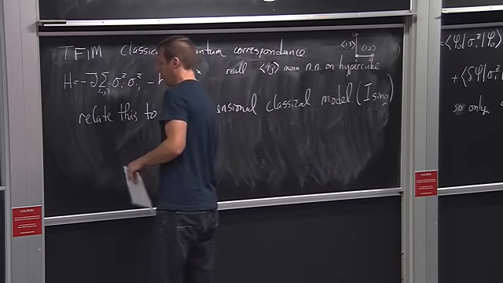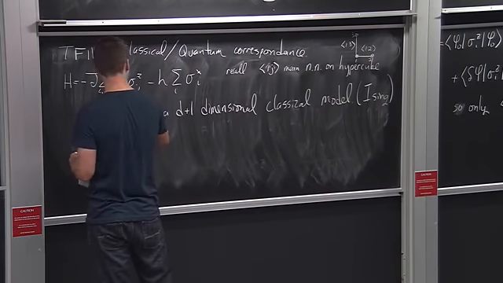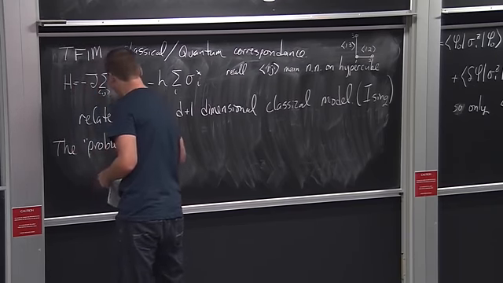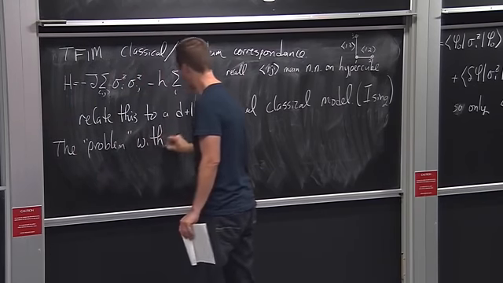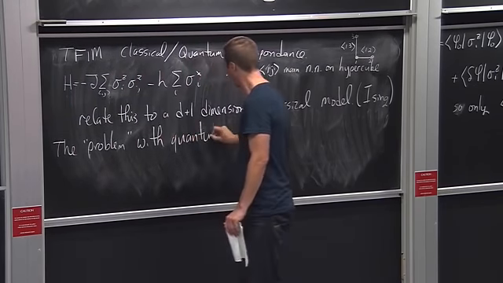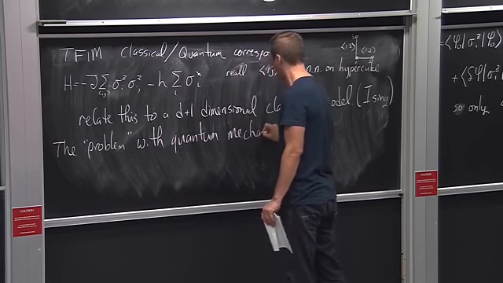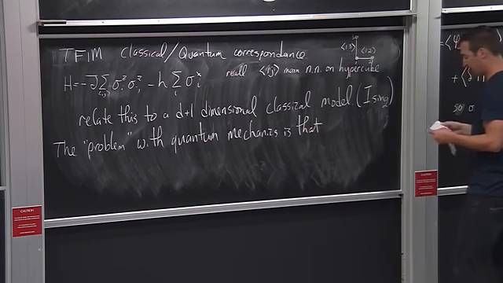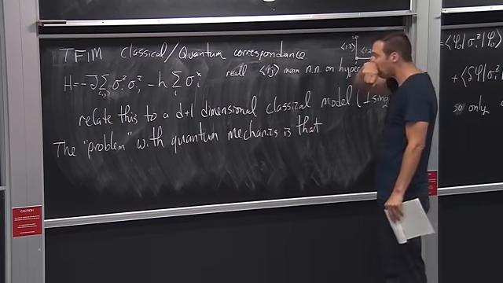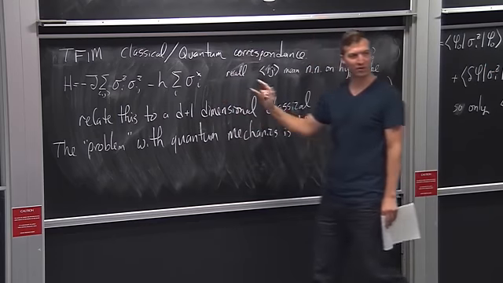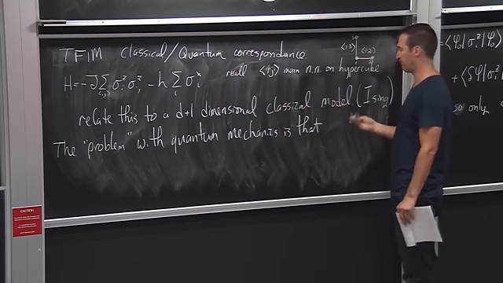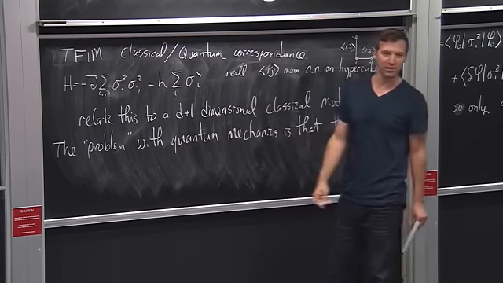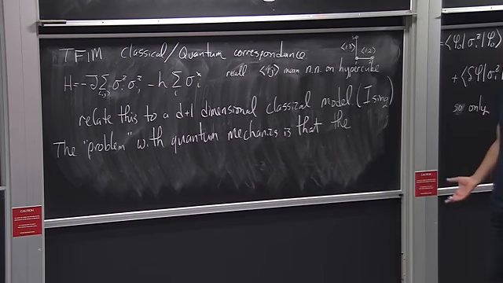So the problem with these types of models is that the partition function is hard to evaluate when these two different terms of the Hamiltonian don't commute. Otherwise, if we had access to an easy way of evaluating the partition function, we could just solve the model.